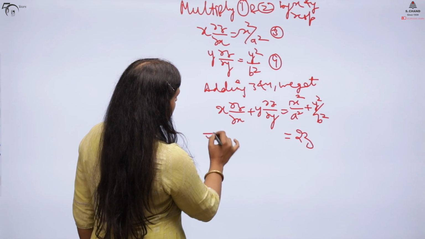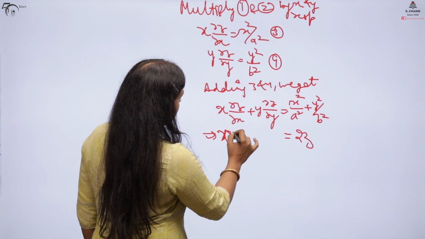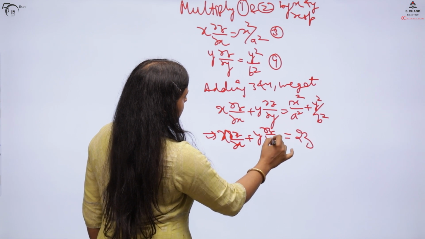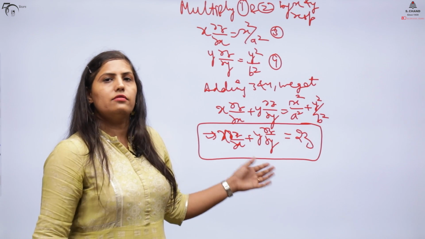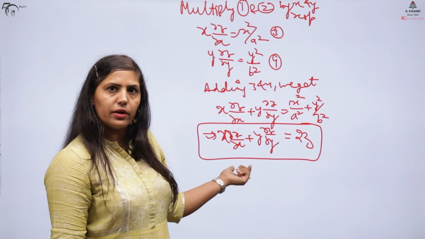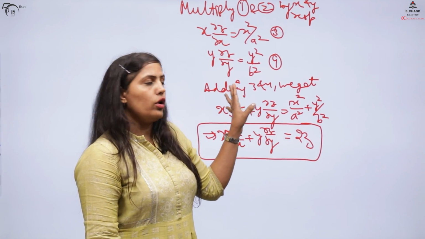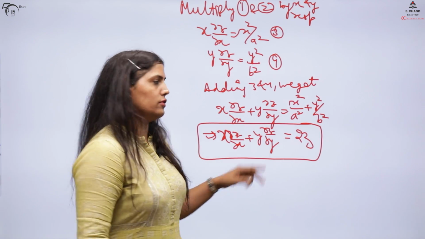So, this is the equation we were looking for: x into del z upon del x plus y del z by del y equals 2z, our partial differential equation. You can see this equation has partial derivatives and there is no a and b now. So, this is the example where we have removed the constants.